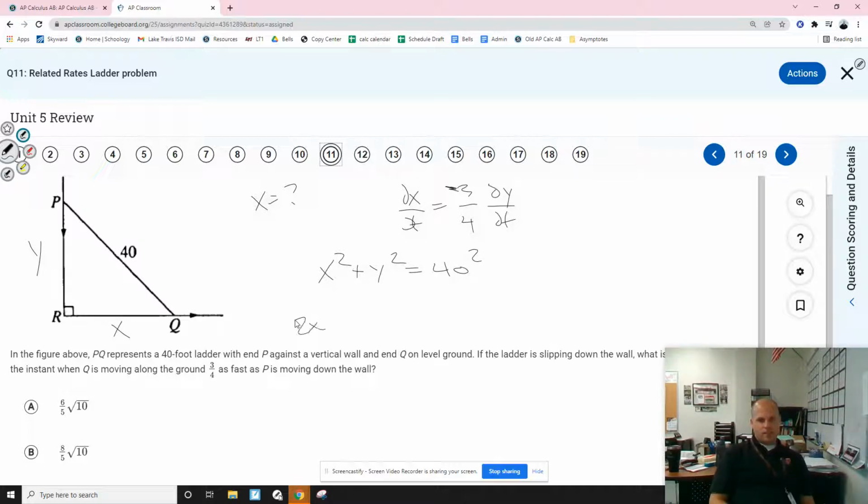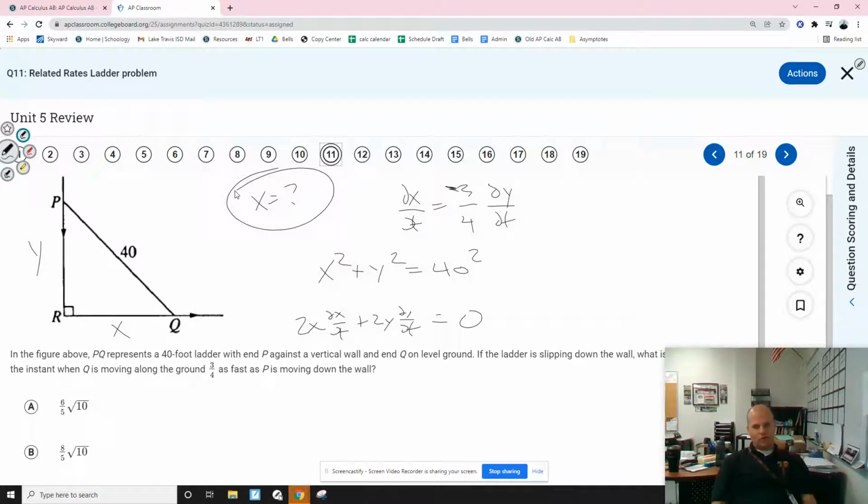If I take the derivative, I get that. Now, I'm trying to find x. Tricky question.